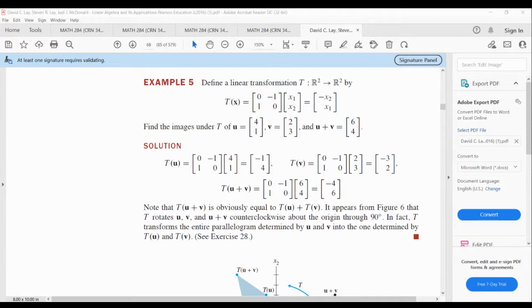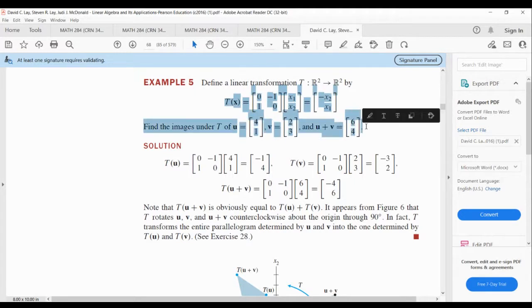So here we have a linear transformation in example 5, and we want to find the images under the transformation of vectors u, v, and u plus v.